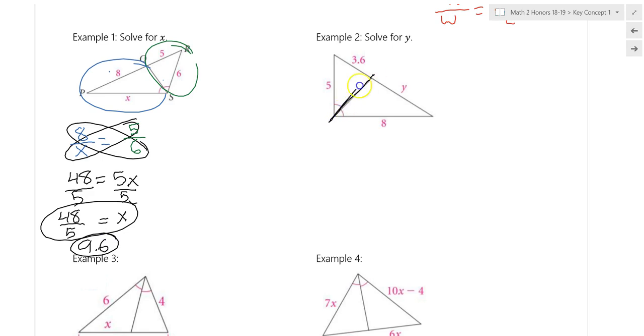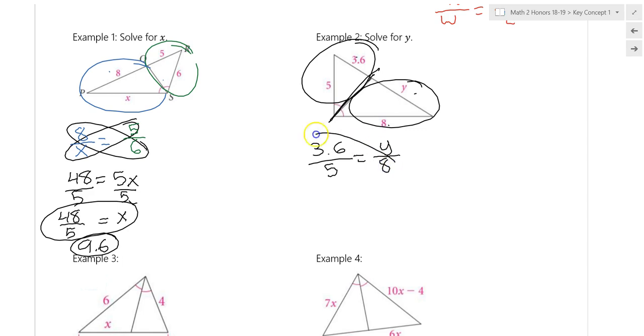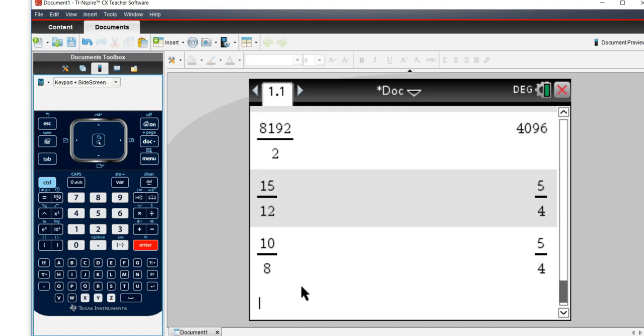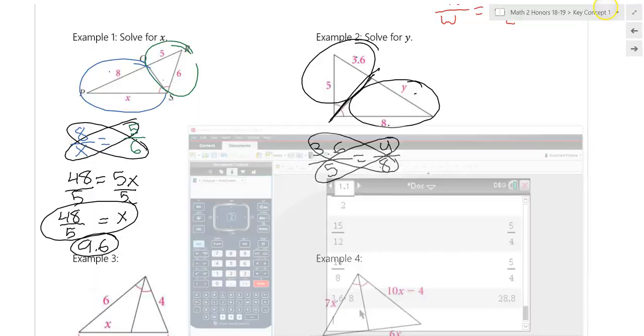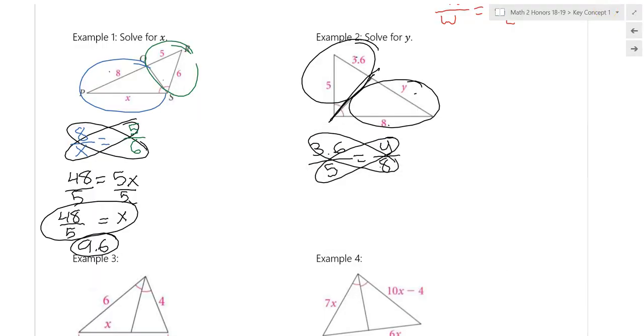Same thing here. Here's my line. Left side of the line, top over bottom, 3.6 over 5. Right side of the line is y over 8. Cross multiply. 3.6 times 8. We're just going to pull up our calculator with that one. And we get 28.8 equals 5 times y, which is 5y.